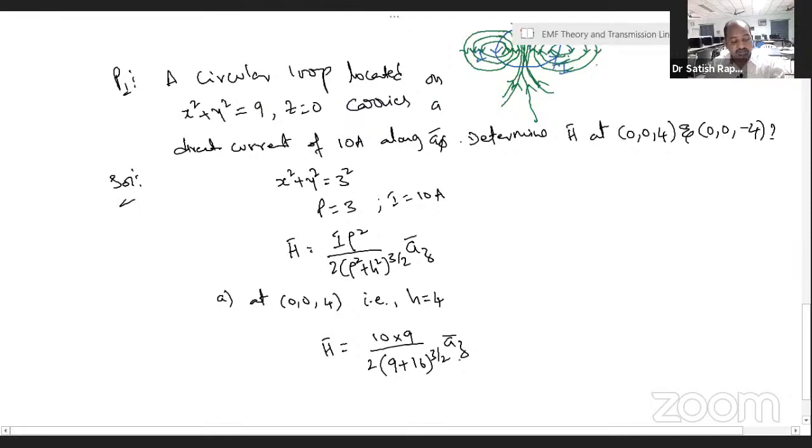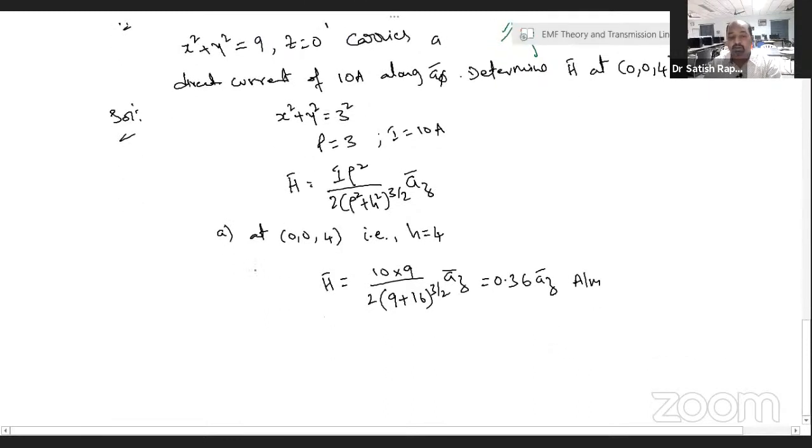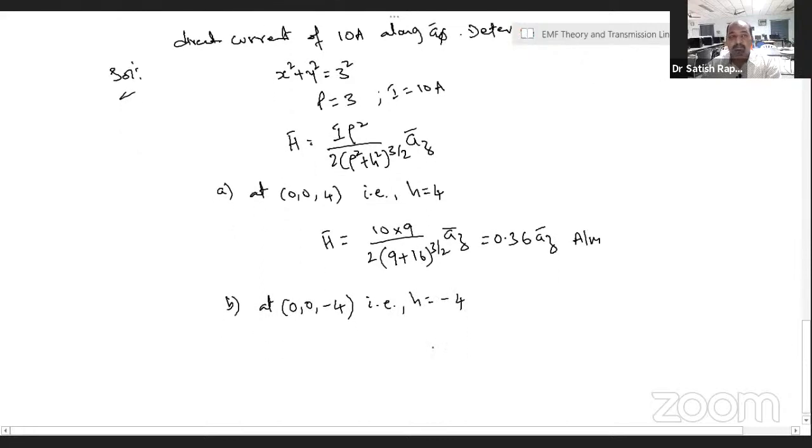If you simplify this, you will get 0.36 a z bar amperes per meter. And now H bar at (0, 0, minus 4), that is h is equal to minus 4.